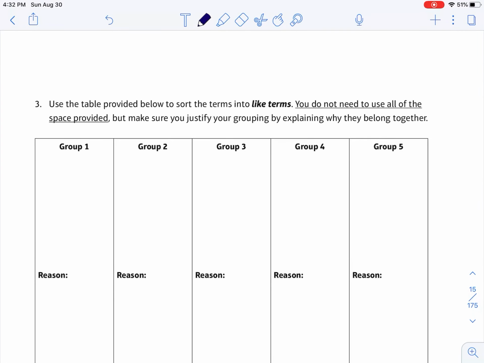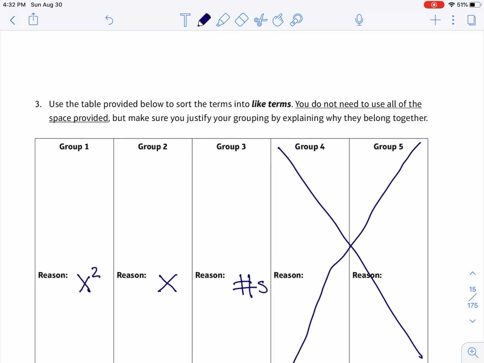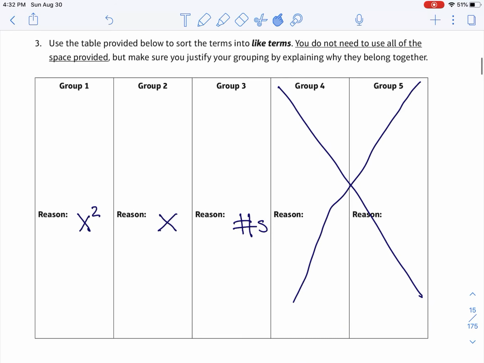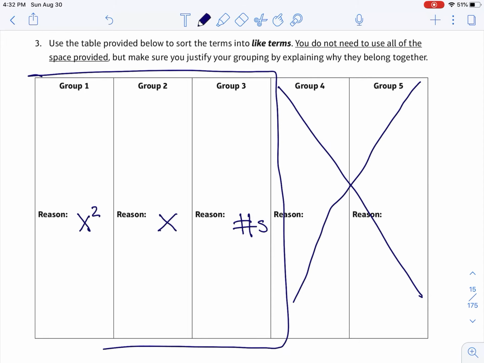So I want you to put all of the x squareds together in the first box, all of the x's together in the second box, and all of just the numbers together in the third box. You will not be using boxes 2 and 3. Okay. When we come back together in class, this is something that I'm checking for you to have done all together.